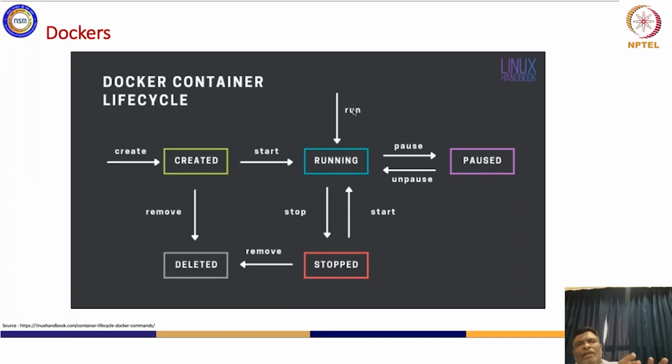But for the time being, just try to understand the Docker container lifecycle: you create a Docker container, you can run it, you can pause it, you can stop it, you can delete it, okay? So at various stages, you can do all of these operations on those Docker containers. This is just a brief idea of Docker containers.